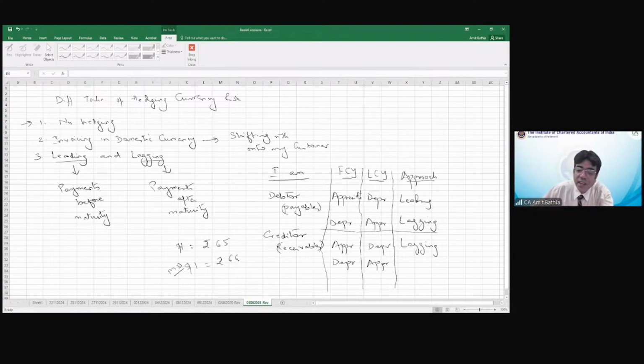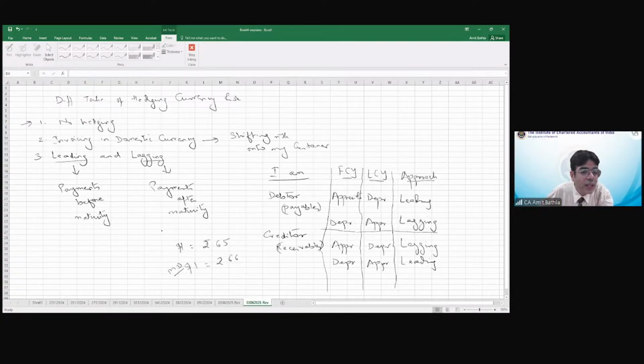So I will get lesser money if it is paid at due date. In that case, I would prefer the leading option, right? This is basically the approach of leading and lagging, why essentially a businessman or a party to a foreign exchange transaction would opt for leading or lagging.